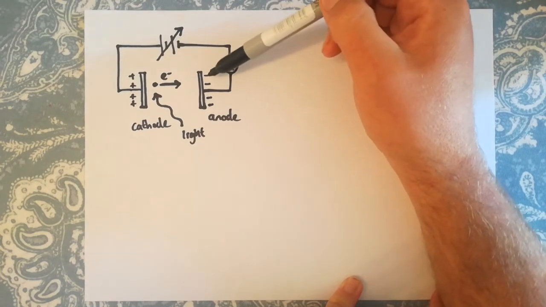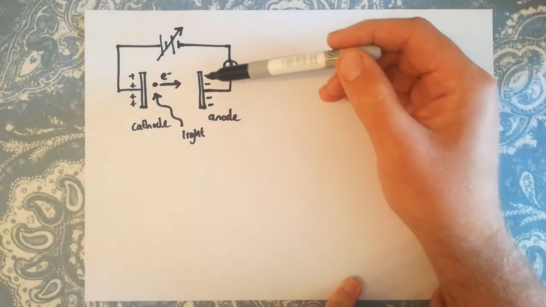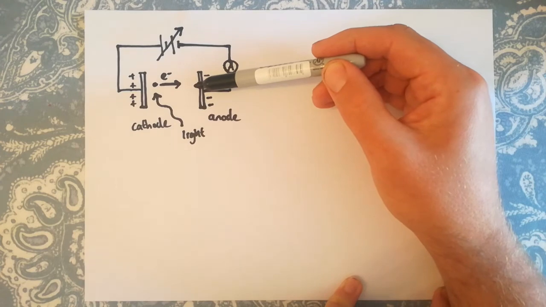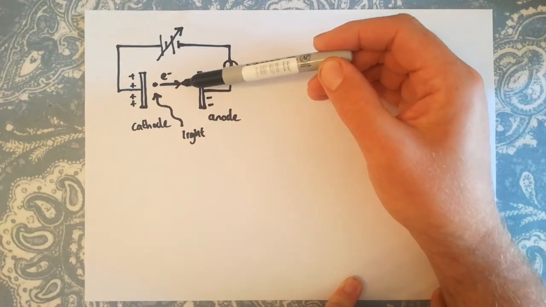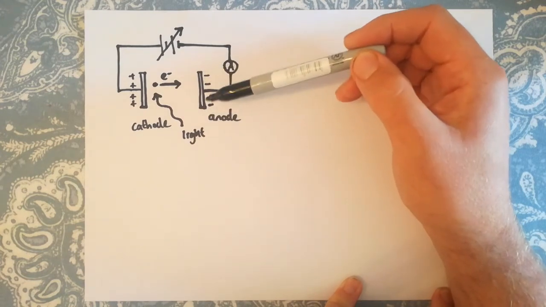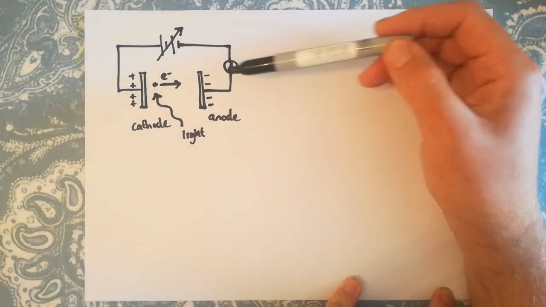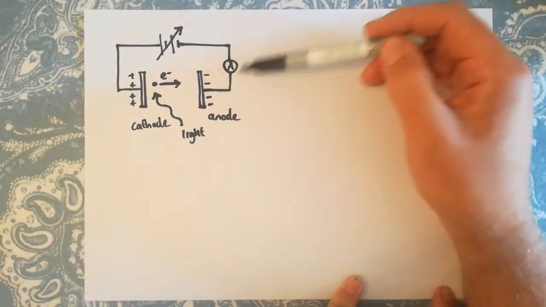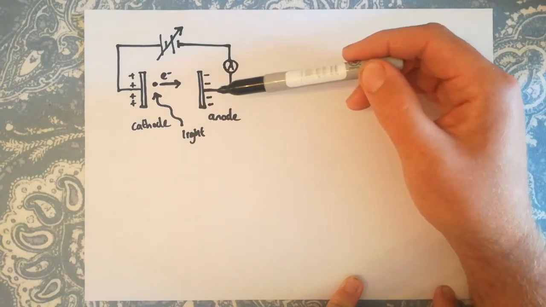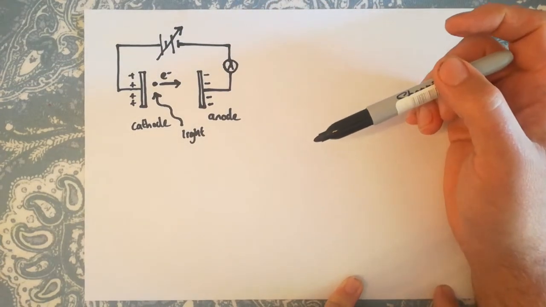If we start making the anode negative, the electrons are going to be slowing down, and some of them may then begin to not reach the anode. And so as we change the voltage here, we're going to see a difference in the current in this circuit. Okay, because the electrons, once they've crossed the gap, will flow around that circuit.